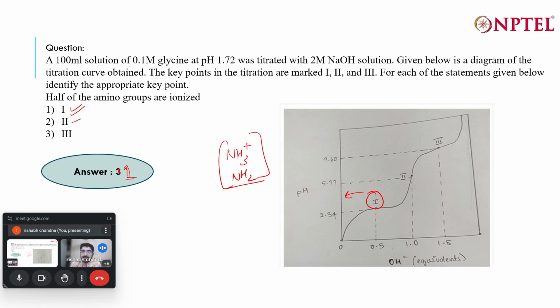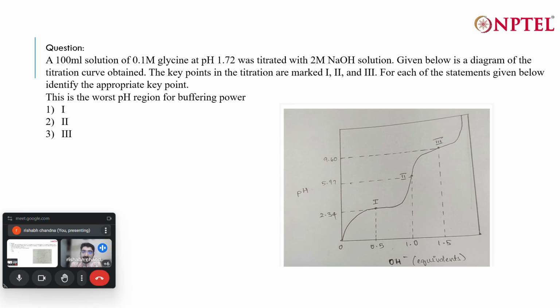Okay, so moving on to the next question. The worst pH range for the buffering power is at what position?